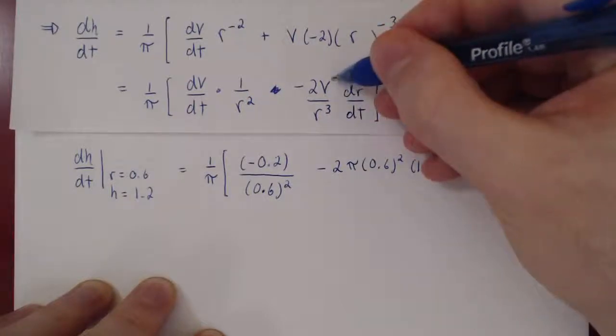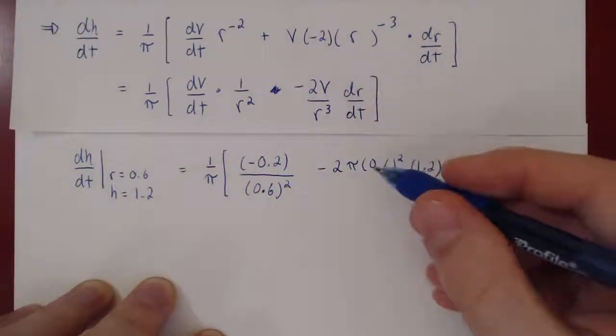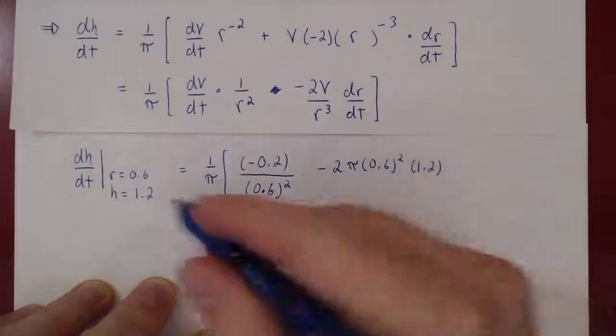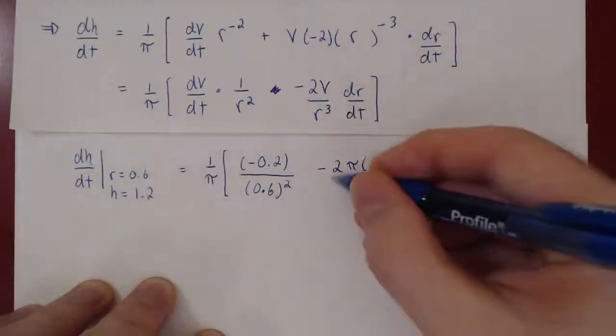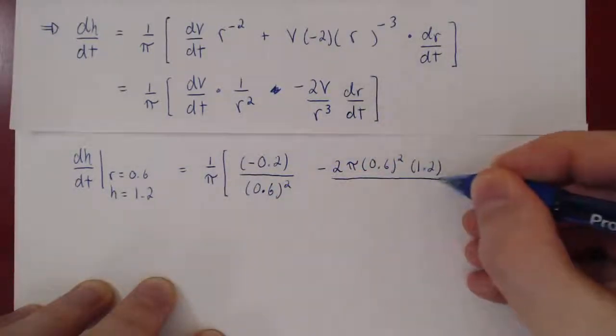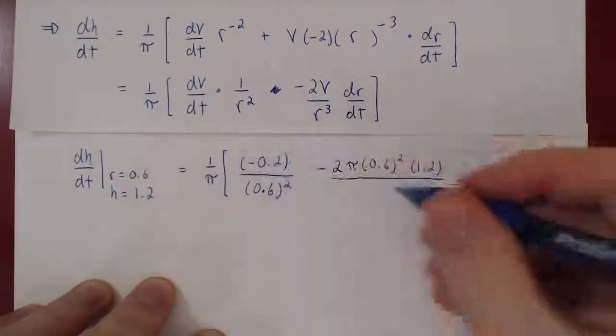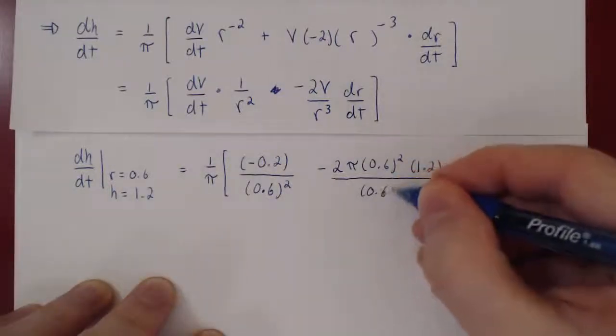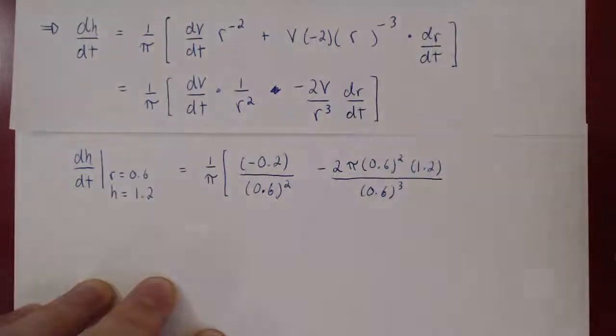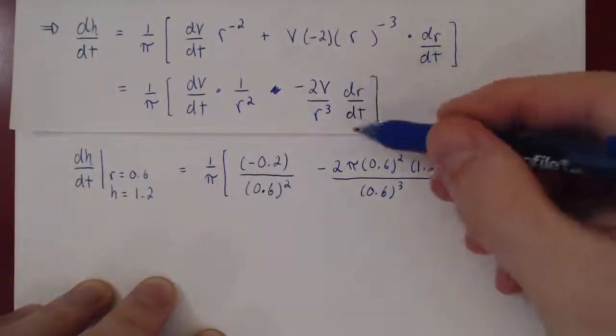And that's the volume of the cylinder when the radius is 0.6 and the height is 1.2, over r cubed, 0.6 cubed. And finally times dr over dt.